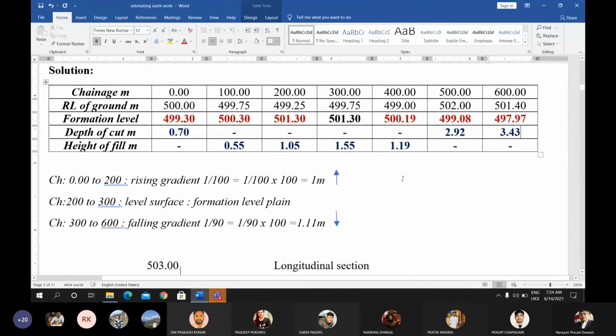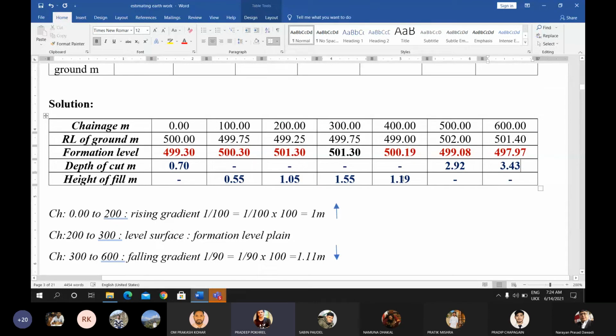Sir, hello, with the height of fill 2.05 comes, third column. 501.40 minus 497.97.